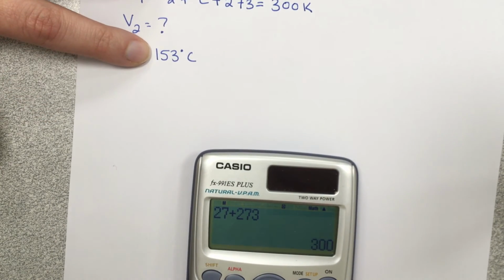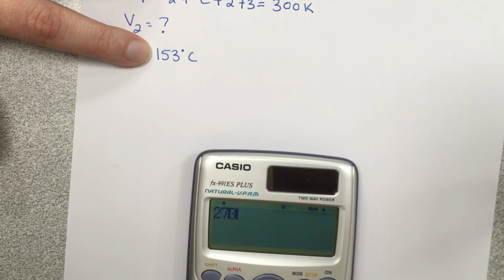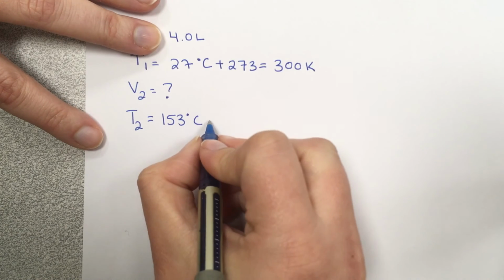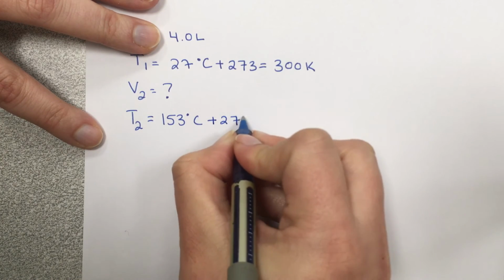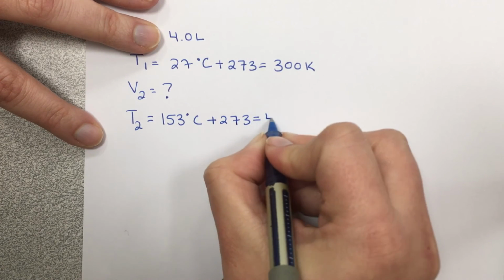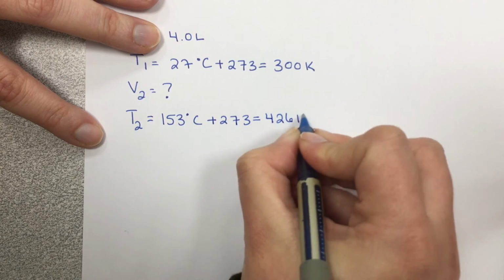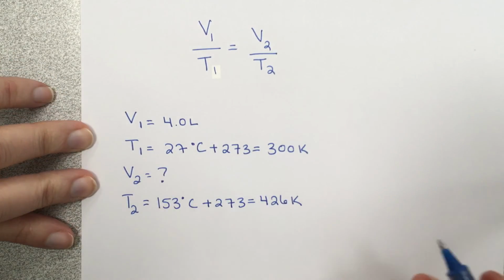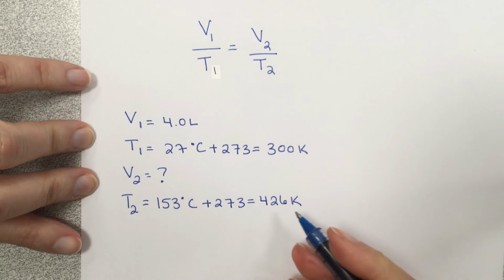And same thing here, we're going to add 273 plus 153, and we have 426. Okay, so there's our variables.